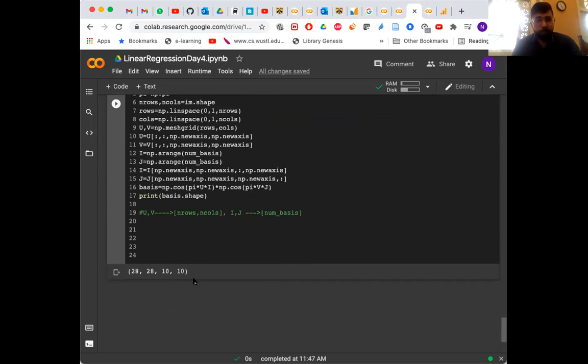Now, things can be done in 2D, but it's much more convenient to vectorize the image. So rather than working with two-dimensional data, let's put all the columns of the image in one long vector.